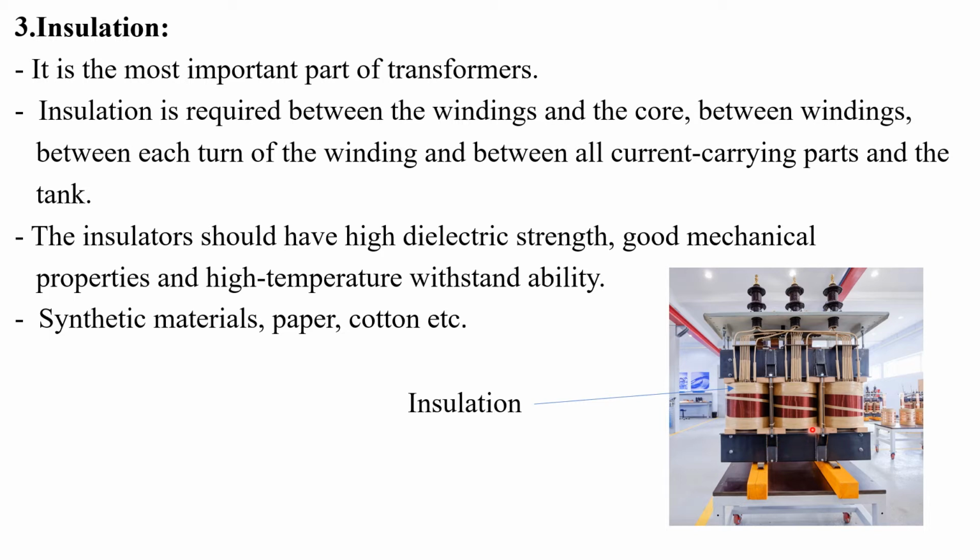Normally synthetic materials, paper, cotton, etc. are mainly used as insulation materials for transformers. Here you can see the dark brown portion is the windings, and the light brown portions are the insulations provided on the windings.